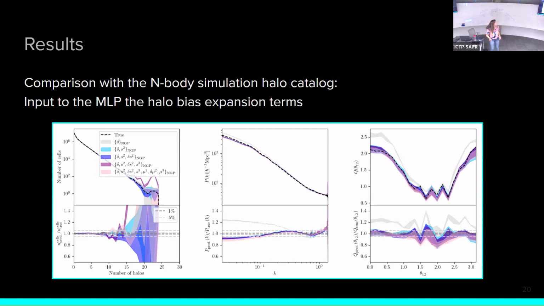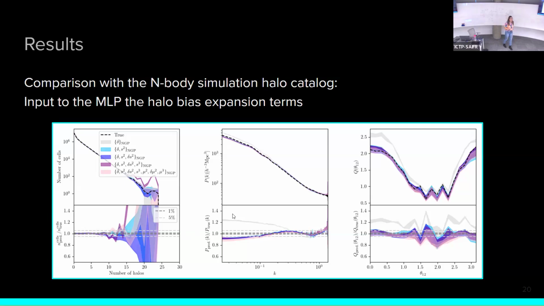So the local density with the expansion with the quadratic, cubic terms. The green one, the first one, is only the local density, then this light blue, I add S2, this term which is computed with the tidal field. Then I try to add more information and see how this translates to higher order statistics, because hopefully I'll be modeling non-local bias. I'll have a more complete description of my halo bias model.